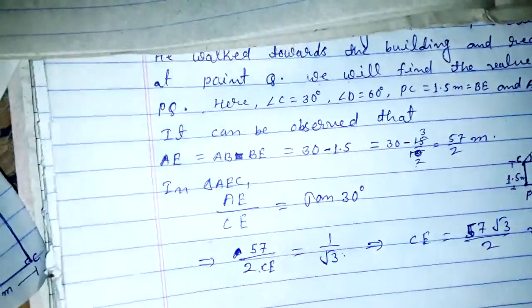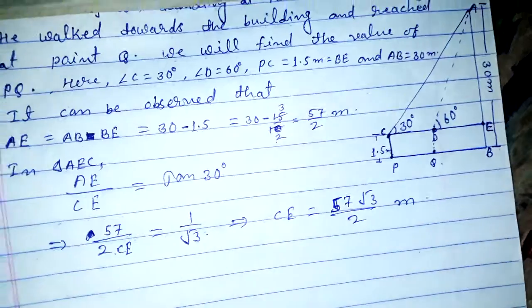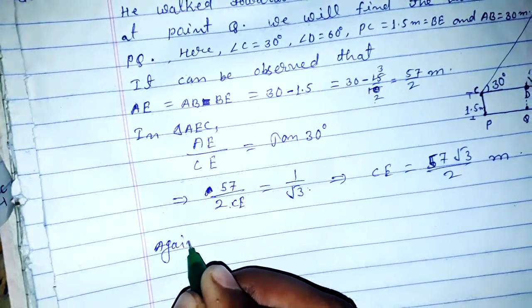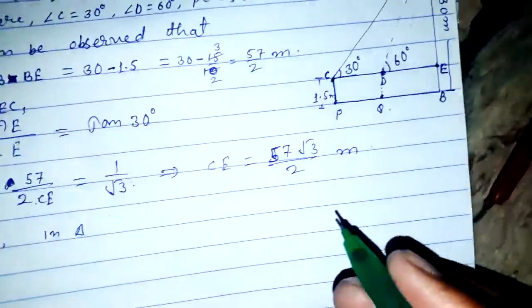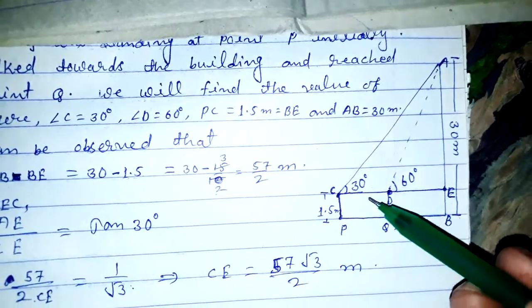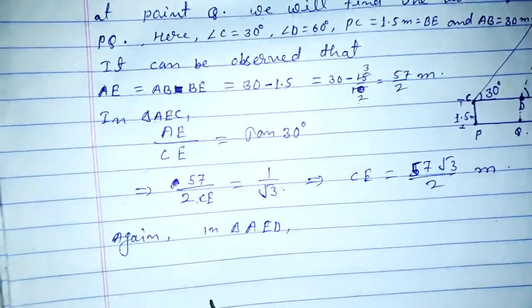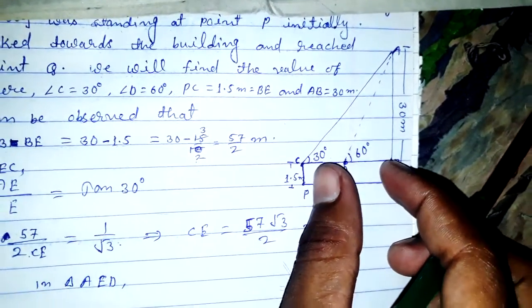Now again use this triangle. Again in triangle AED, take the ratio of this value and this value.